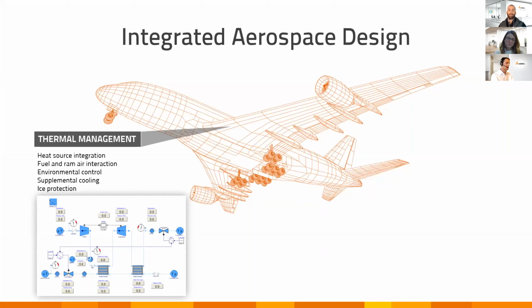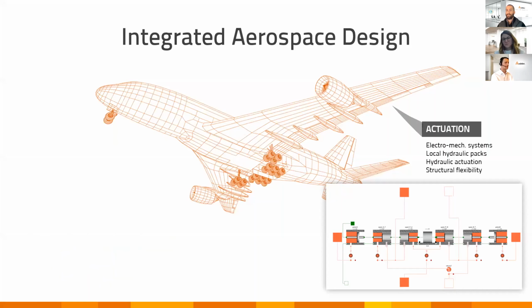Modelon Impact in aerospace covers vehicle subsystems, including thermal management with environmental control systems and vapor cycles for supplemental cooling. It covers actuation, be it hydraulic or electromechanical.